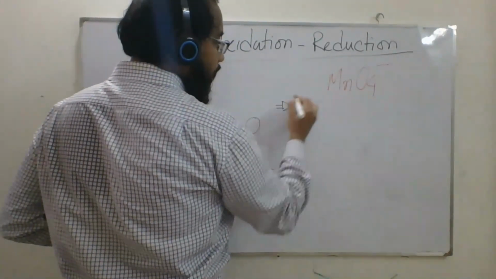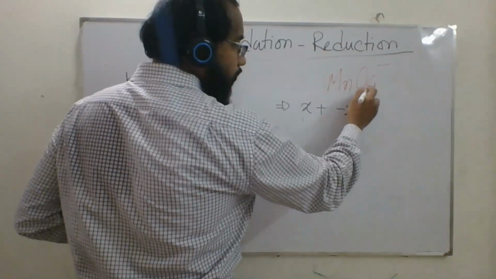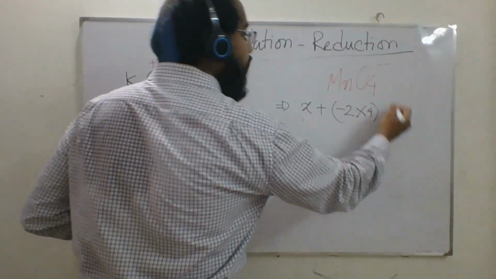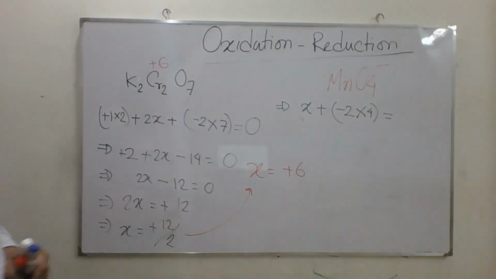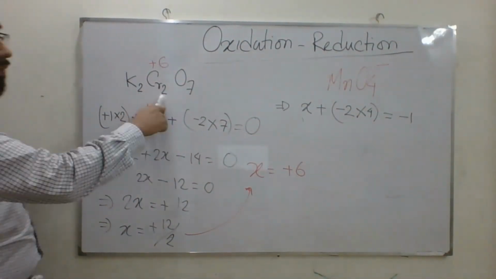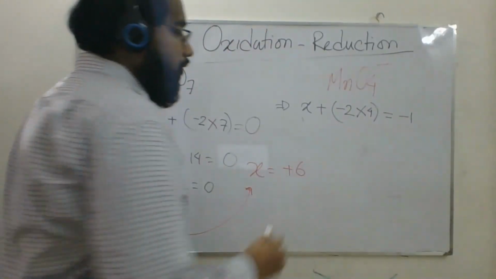Then we can say the oxidation number of manganese plus -2 for oxygen into 4 should be equal to the charge of the ion, that means -1. So in the case of a compound it is 0, in the case of an ion it is equal to -1.